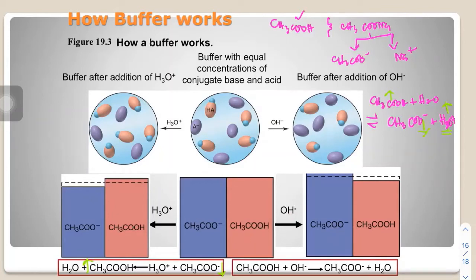So the equation will be acid reacts with the hydroxide ion, then it produces acetate ion plus H2O. Acetic acid's concentration will decrease as it reacts with the addition of the hydroxide. The concentration of the acetate will increase. So this is our acid and this is the salt's concentration.